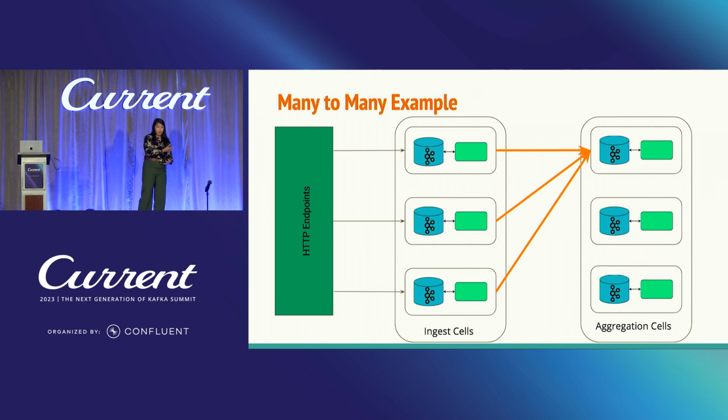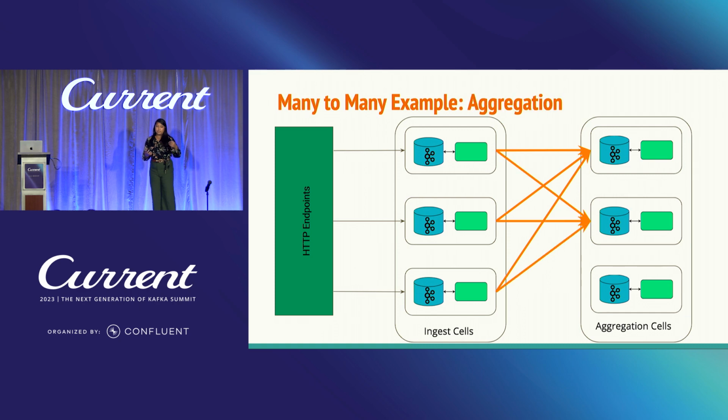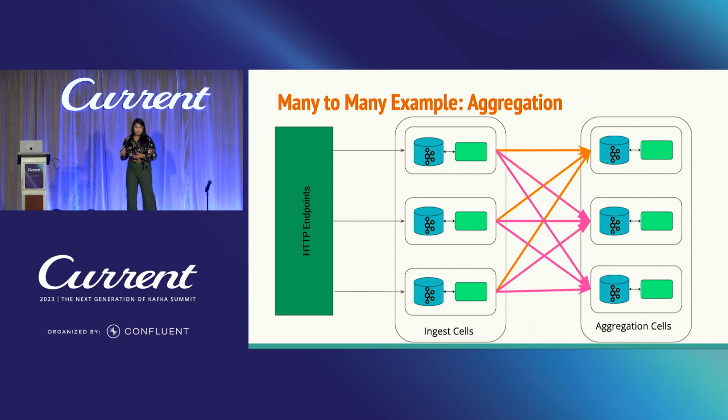So we could have all of these ingest cells needing their data to be sent to a particular aggregation cell. But if that one aggregation cell goes down, we don't want it to be the only one that was processing the aggregation for, say, a particular alert. We don't just want to lose any aggregations that we had. So we are also going to send it to a second cell. And then say if there's another customer, we might have more connections that look like this.